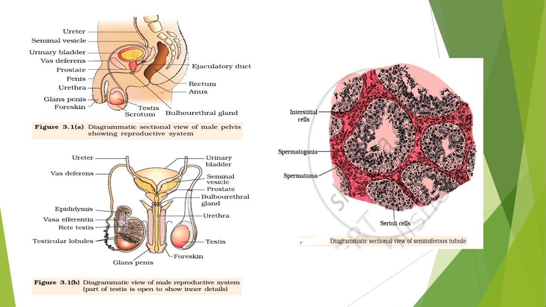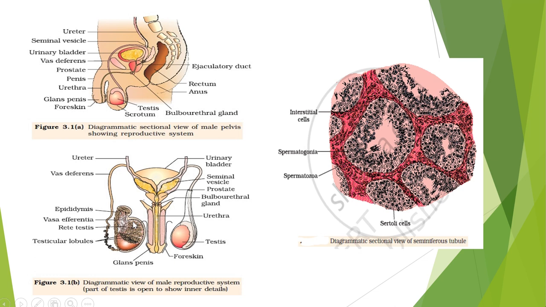The last part of the male reproductive organ is the external genitalia, which is the penis.